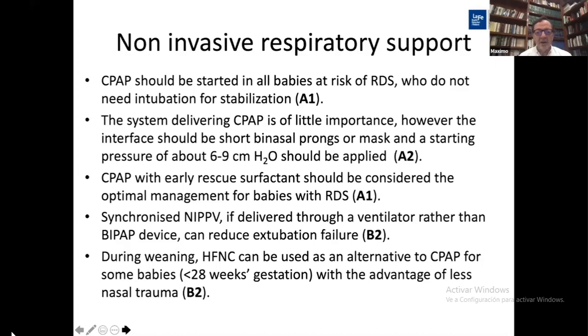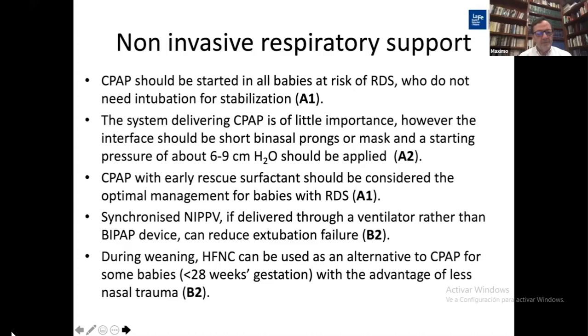However, the interface should be short nasal prongs or mask, and a starting pressure of about 6 to 9 centimeters of water should be applied.